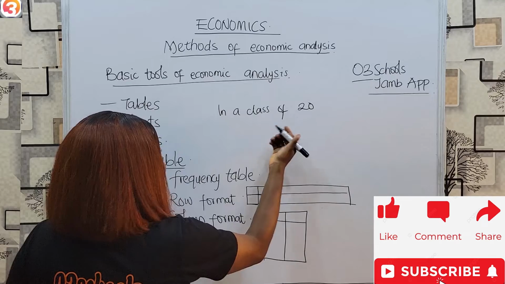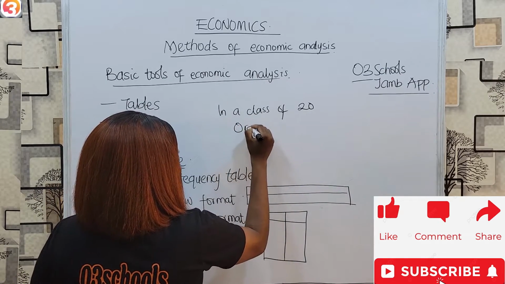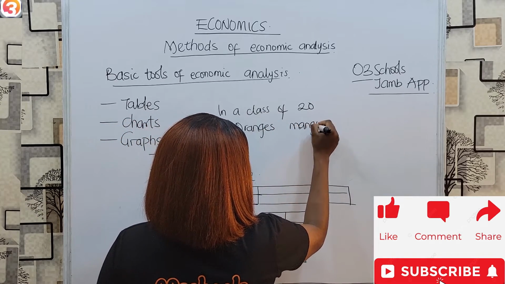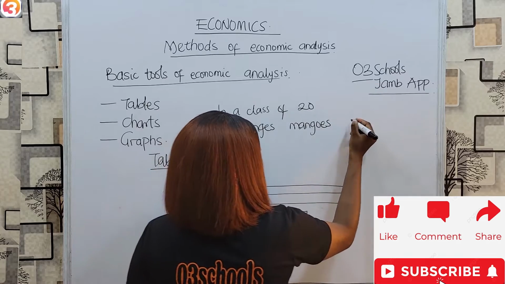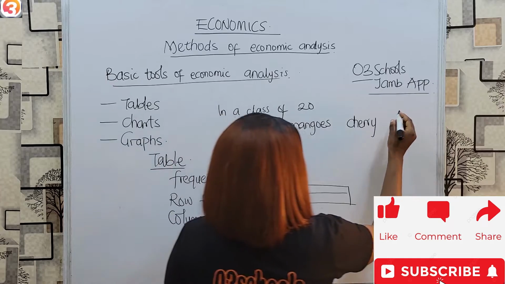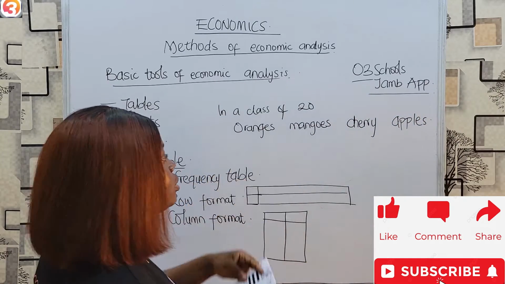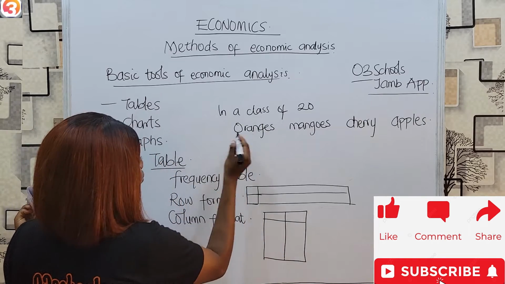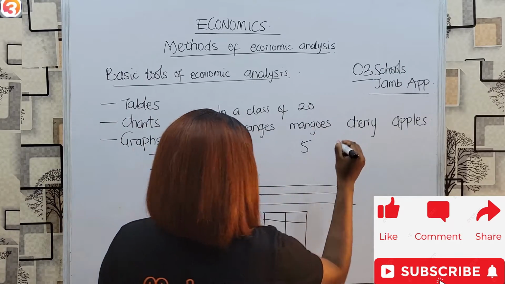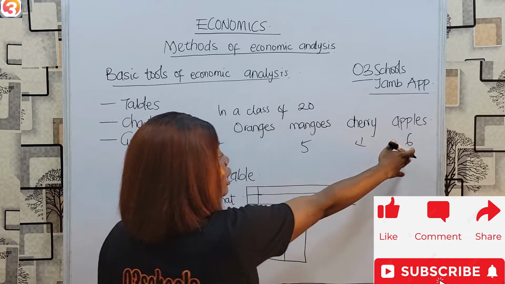For example, let's say they like oranges, mangoes, cherry, and then finally apples. A class of 20 students, and then they say 5 students like oranges, 5 students like mangoes, 4 students like cherries, and 6 students like apples.